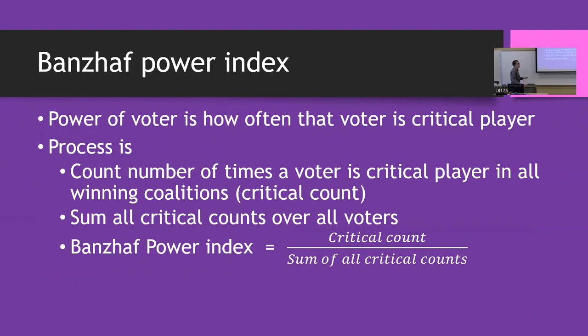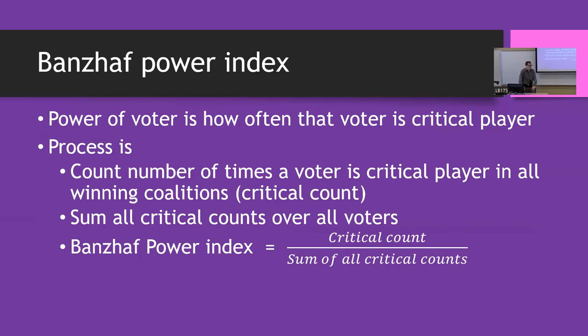And the Banzhaf Power Index is basically where we look at critical voters for each winning coalition. So we list out all the winning coalitions and we count the number of times each voter is a critical voter.